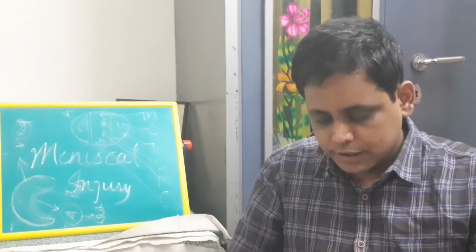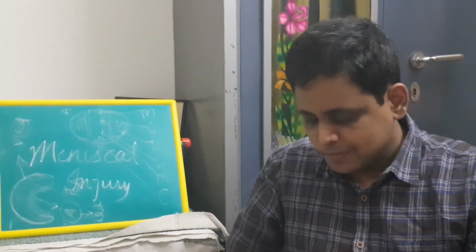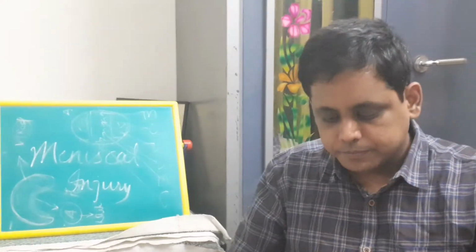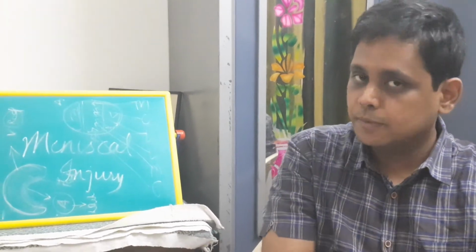The next part of our discussion on menisci is on which is the common meniscal injury that is known. That also they keep asking: which meniscal injury happens at which time? This you should remember.